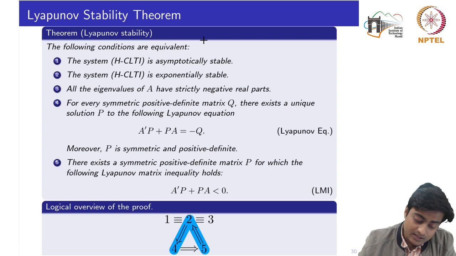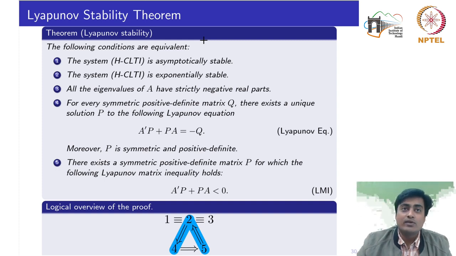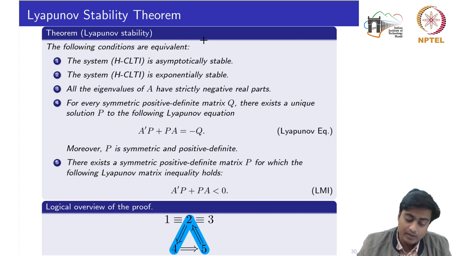Since matrices give us a compact form to analyze the systems, we can easily check the existence of the matrix, which is here given by the P matrix. So this completes the proof.